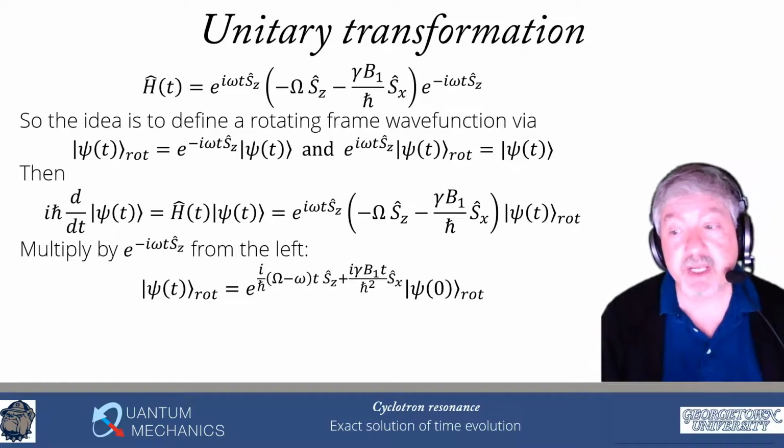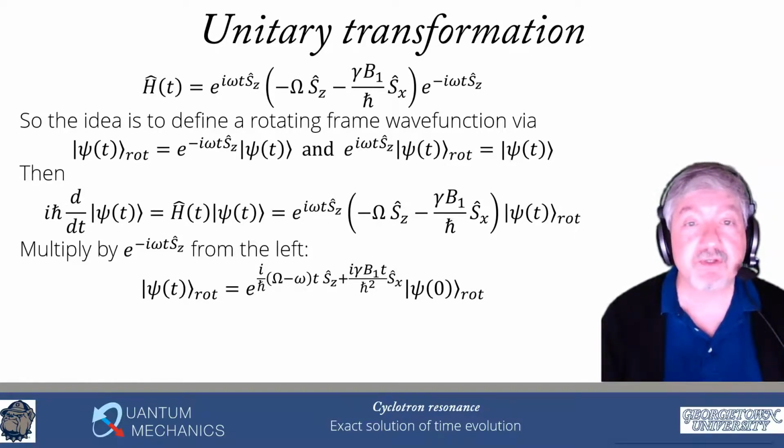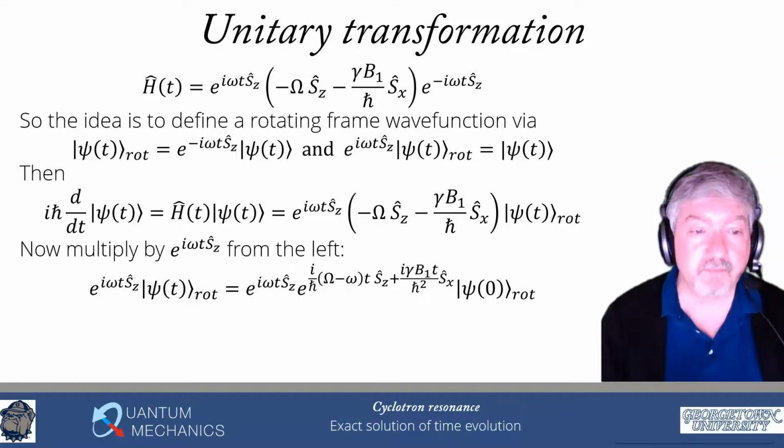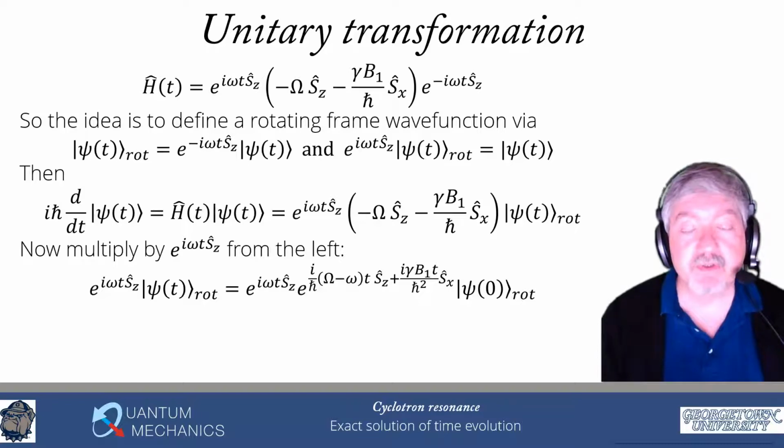Our initial state, because I'm working in the rotating frame, is psi of 0 in the rotating frame. But because psi in the rotating frame is related to psi in the lab frame by an e to the i omega t sz, when t is equal to 0, that number is 1. So that's also equal to psi in the lab frame. We're now going to multiply by e to the i omega t sz from the left-hand side. We're going to do that on both terms.